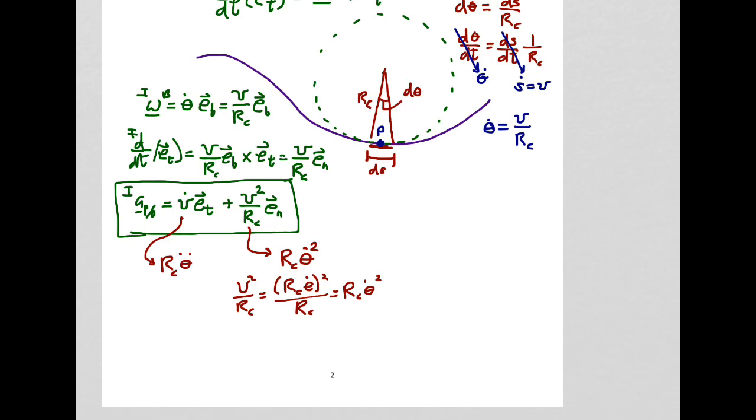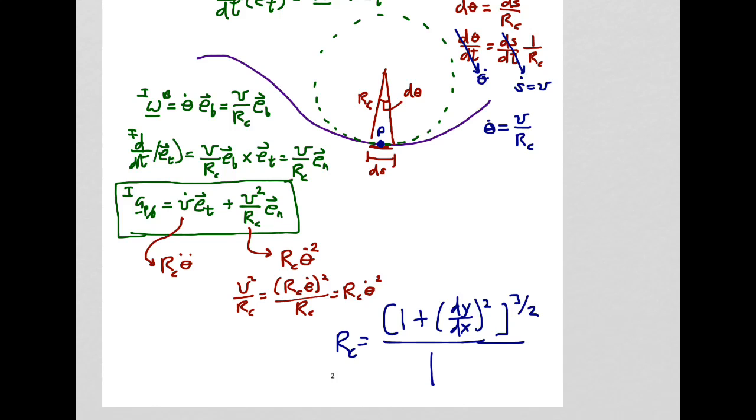Well, there's an equation that you need to have handy, and so that says that the radius of curvature is equal to, in the numerator, 1 plus dy dx squared, and that entire quantity raised to the 3/2 power, and then divided by the absolute value of the second derivative, d squared y dx squared.